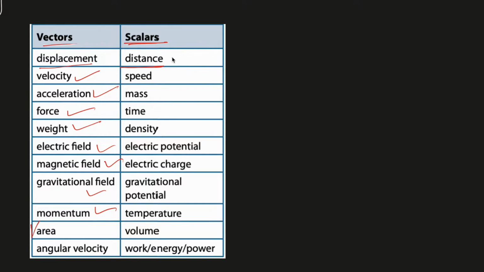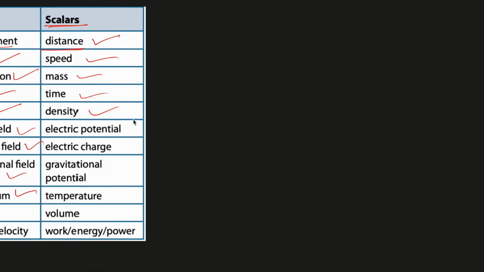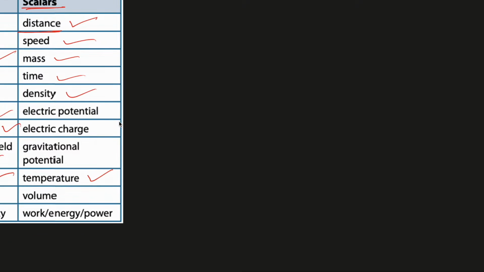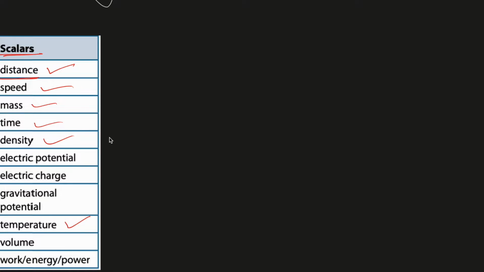The scalar quantities are distance, speed, mass, time, density, in which you do not require any direction to specify. Similarly, time has no direction. And temperature: we simply say that the room temperature is 27 degrees Celsius. We never specify the direction. Hopefully you understand what scalar and vector quantities are.